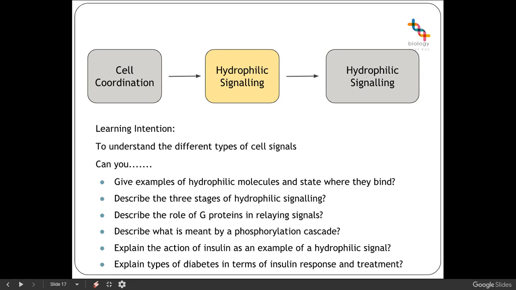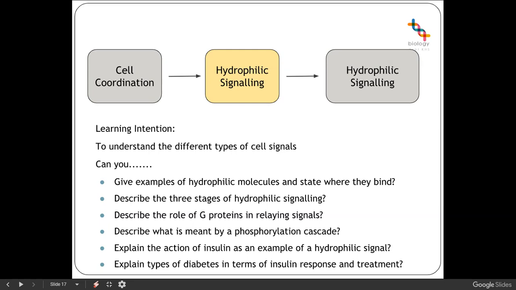That insulin is one example of a hydrophilic signal, as it binds to its receptor protein, setting off a cascade which results in GLUT4 glucose transporter proteins being associated with the plasma membrane of the cell, allowing it to move glucose into the cell and out of the bloodstream.